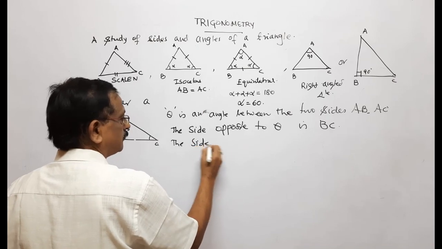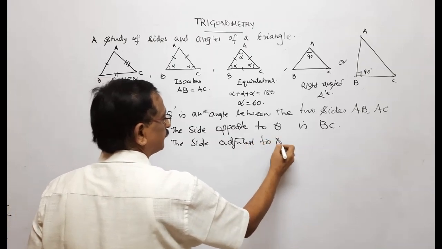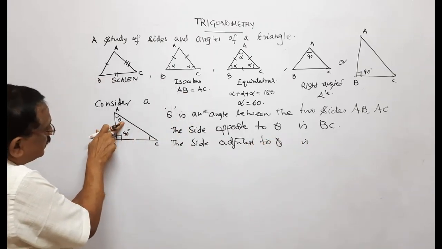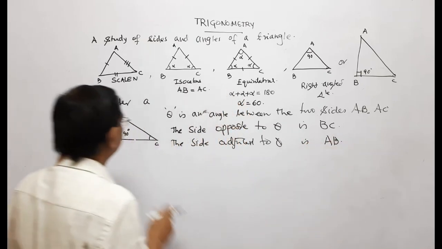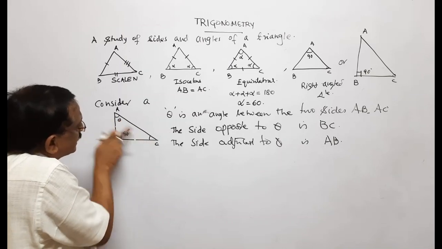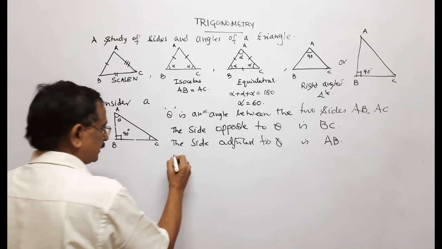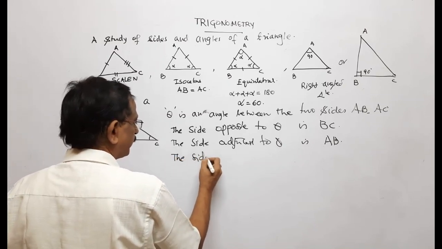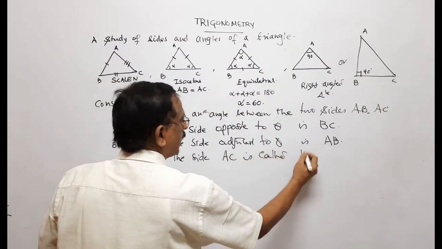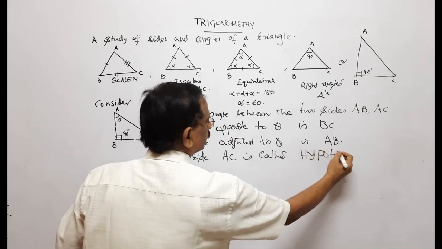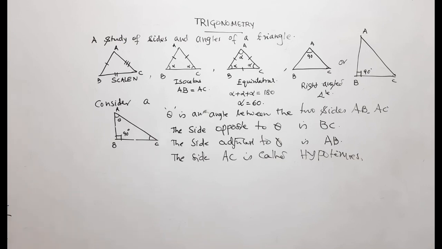The side adjacent to theta is AB. Why? Is AC not adjacent to theta? No. We say the side AC is called the hypotenuse.